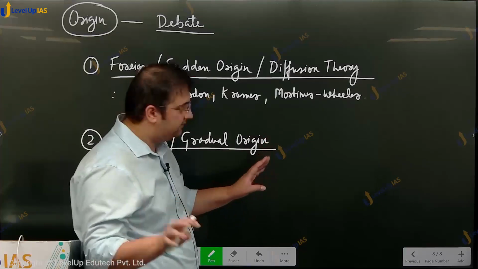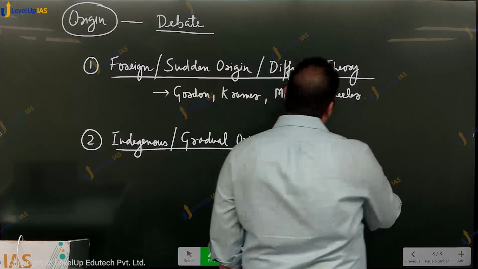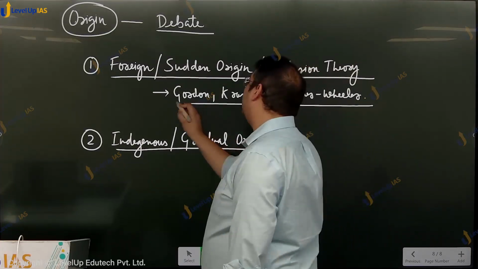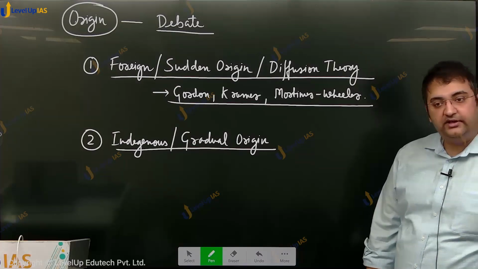Is that clear? Sure. Now, what is the evidence that people such as Gordon, Kramer, or Mortimer Wheeler have put forward to support their theory?